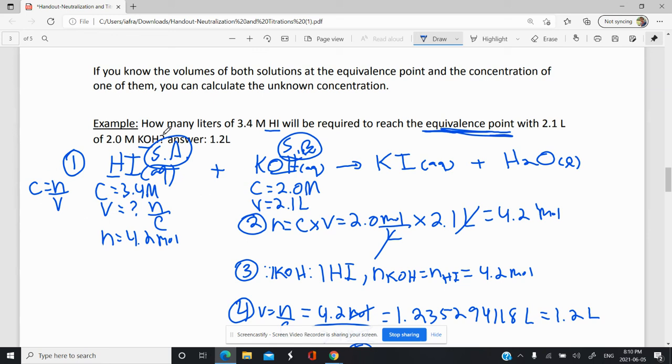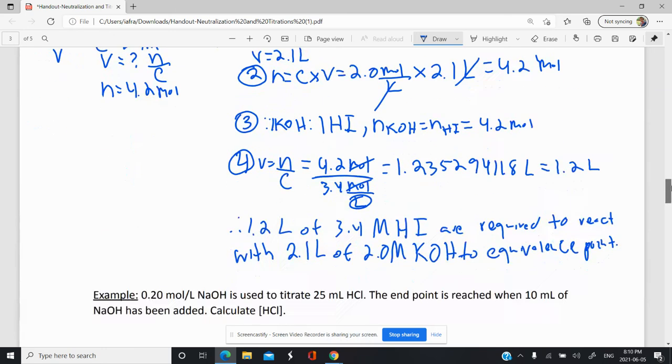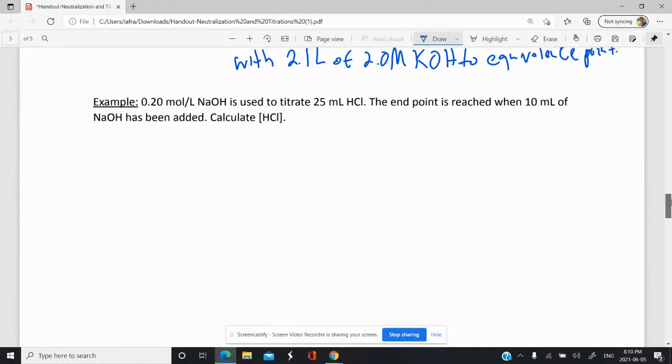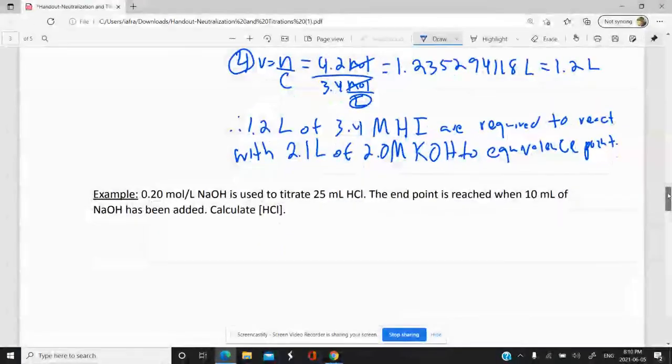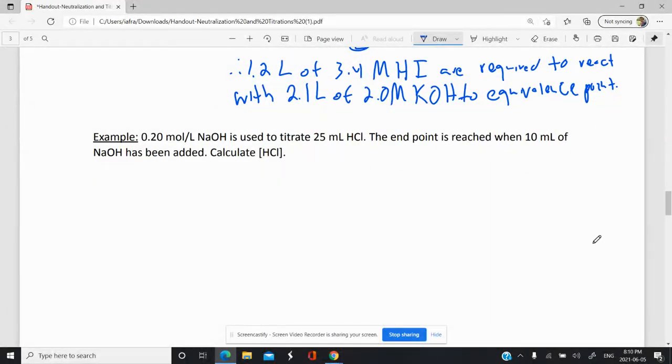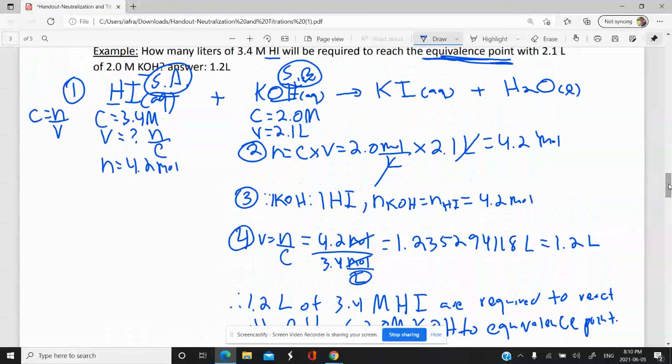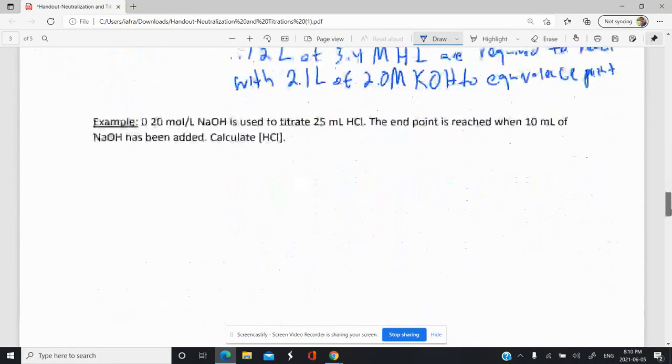Think of this kind of like a warm-up with stoichiometry, and understand that even these titration problems will just be stoichiometry to find concentration of something or volume of something. So in the next video, we're going to take a look at the next example, but make sure you understand this one completely before you move on to the next example.